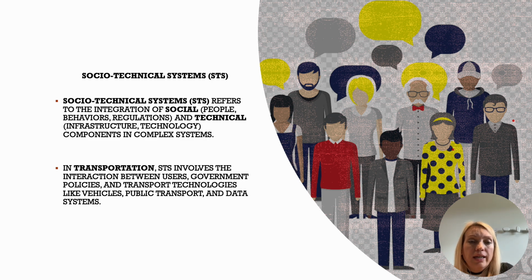We can say that they interact and are interdependent. In transportation, socio-technical systems involve the interaction between users, government policies, and transport technologies like vehicles, public transport, and data systems.